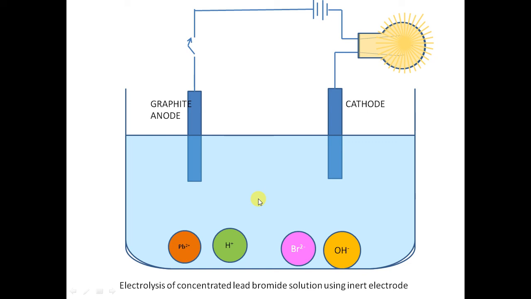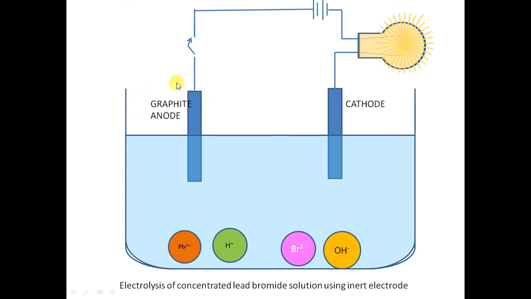Now, one more thing to understand here is, while performing these experiments, if we look carefully at the anode, we are using an anode of graphite. Graphite is an inert electrode, this means that graphite does not interfere with the reaction of anions while losing the electrons towards anode.